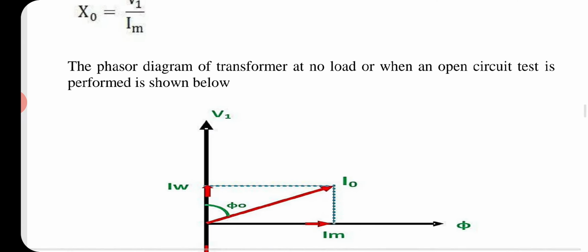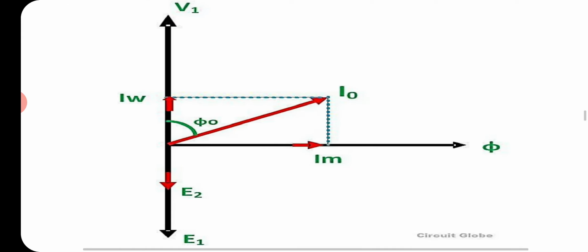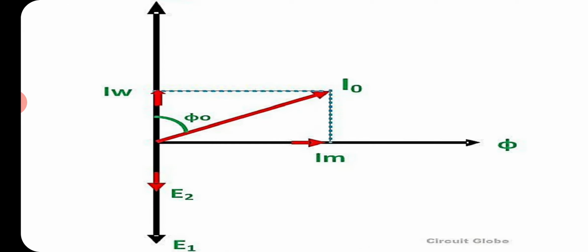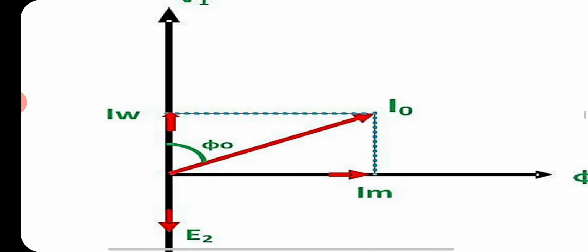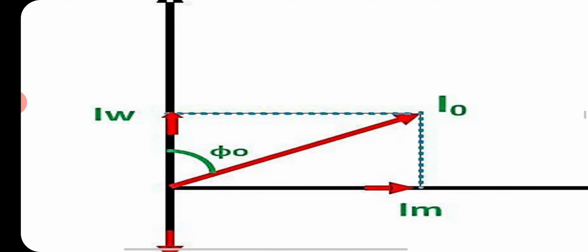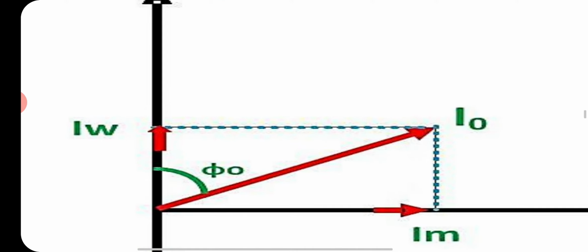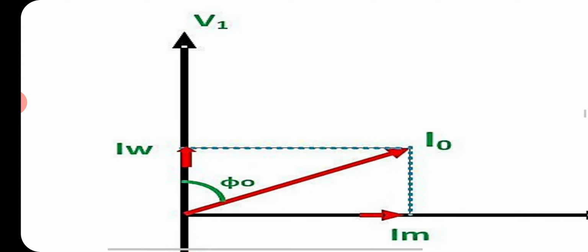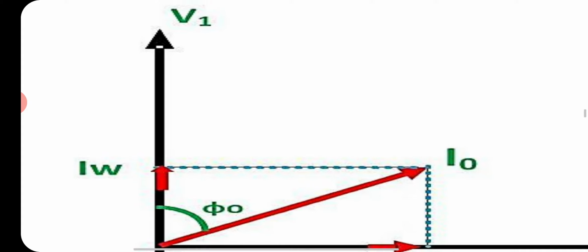Now here is the phasor diagram, where this is the flux φ, and it is in phase with the magnetizing component of the no load current, and there is a 90-degree angle between the magnetizing component and the working component of the no load current. Here I0 is the no load current, and the no load power factor angle is φ0.